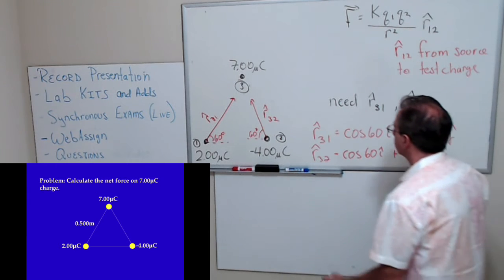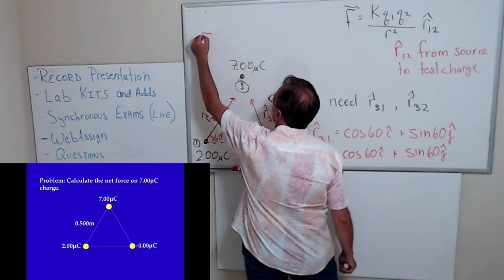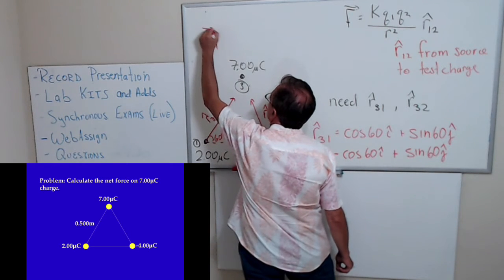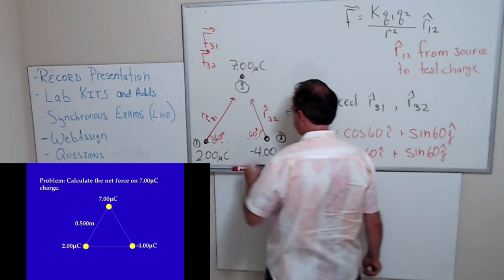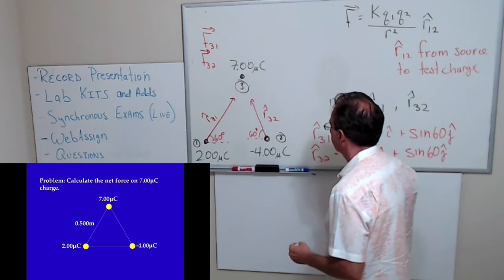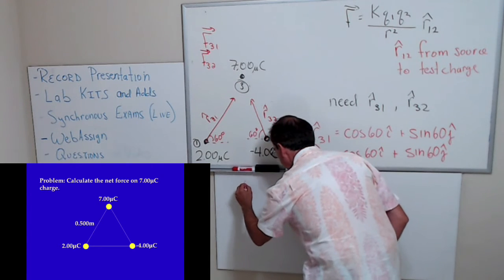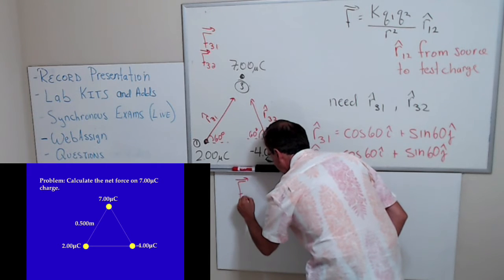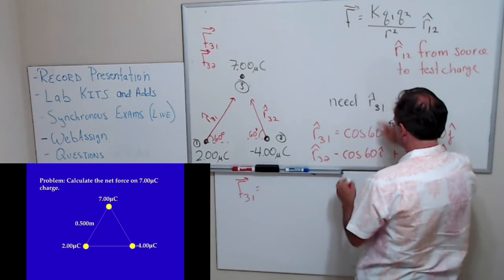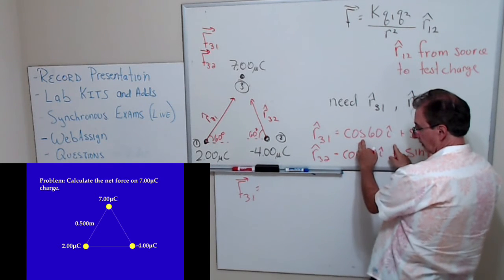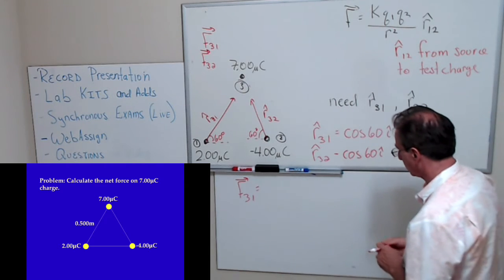So let's look at calculating F31 and F32. F31 is the actual force between 1 and 3, and I'm going to write it as a vector. It's going to be the magnitude of this force times this direction vector. Again, I'm going to suppress the units because I don't have enough space here.